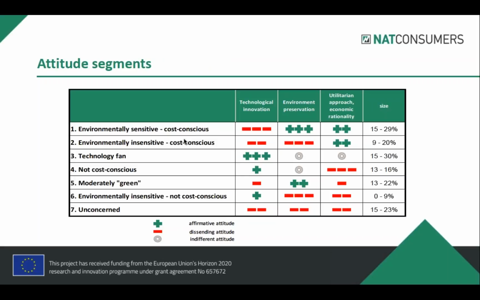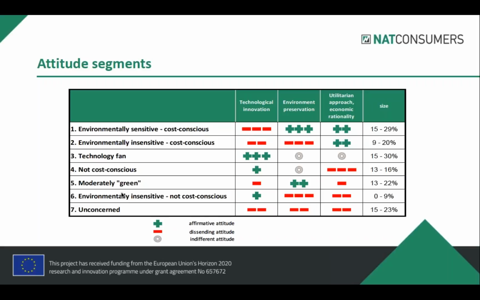The environment preservation can be used for segment 1 and segment 5, who are the moderately green, and the technological innovation based argumentation could be used by segments 3 or 4 or maybe 6. As you could see, the argumentation logic in the Natconsumer engine will mainly rely on these drivers.